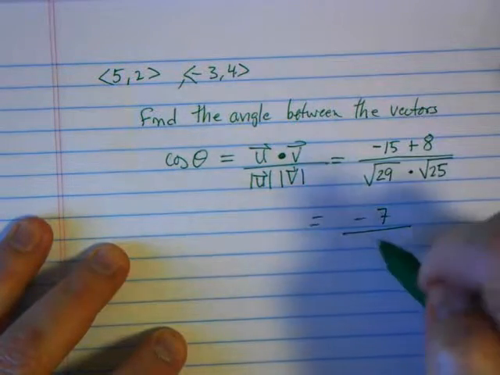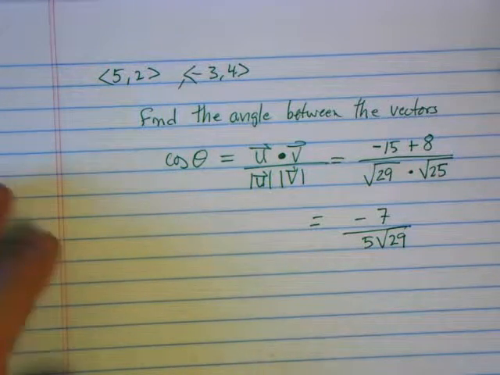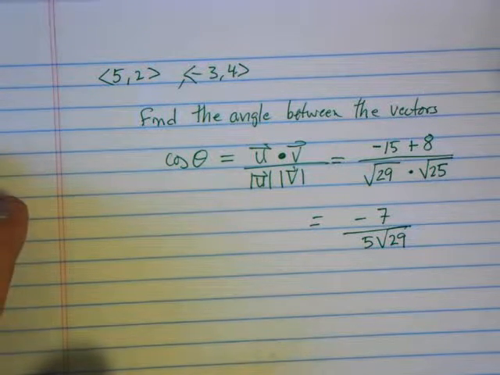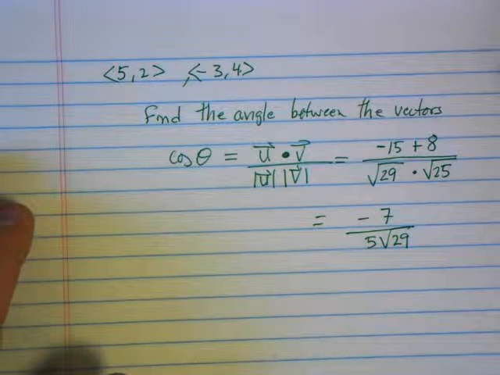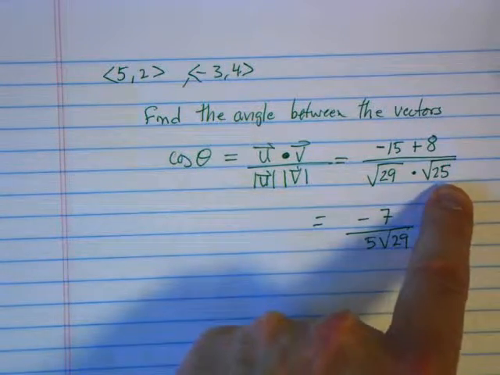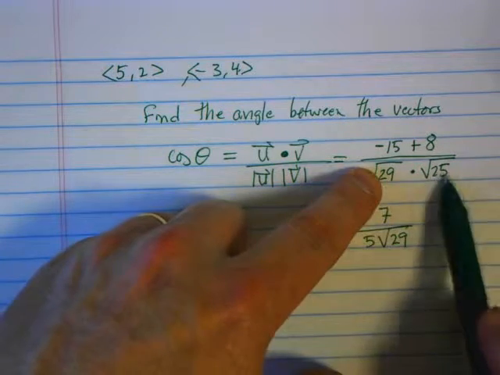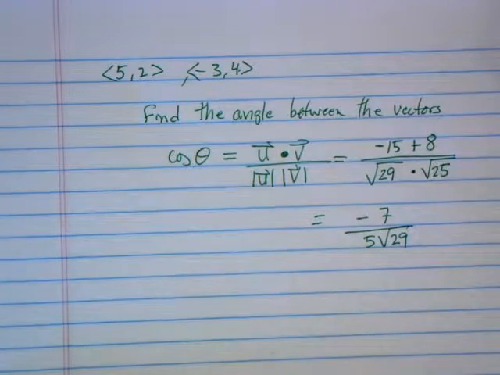So down on the bottom, I have 5 square root of 29, because the square root of 25 turned out to be a nice number. If it wasn't, say it were 29 times 26, I would take my calculator and do 29 times 26, and write it as the square root of that big number.